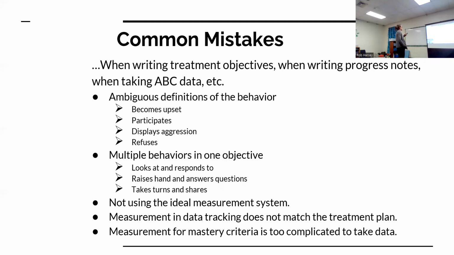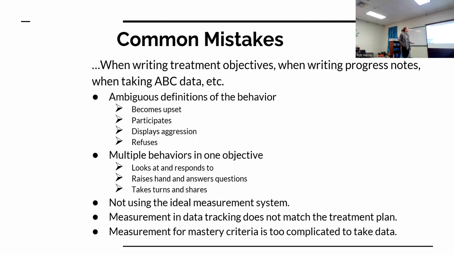So some examples: becoming upset, participates, displays aggression, refuses. All of these can be interpreted differently by different staff, right? So we would want to break those down more, define those more specifically. And we'll talk about how to do that, options for how to do that.